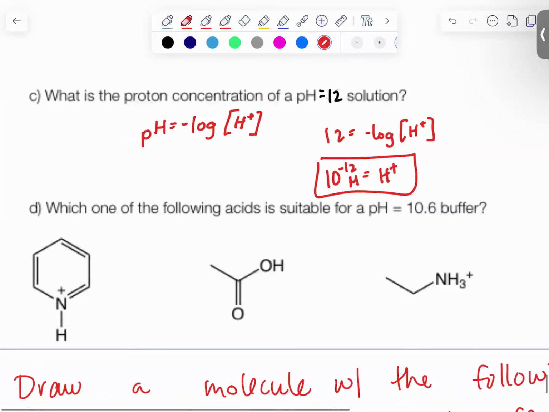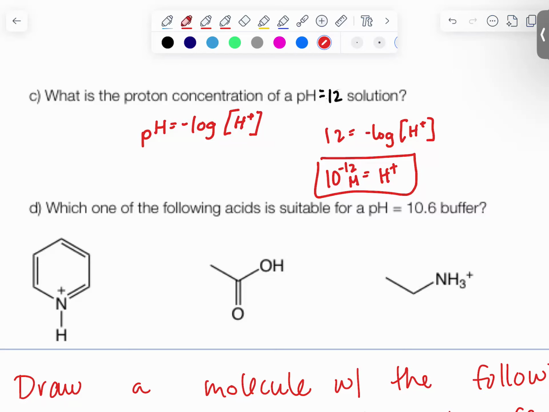What about this one? Which one of the following acids is suitable for a pH 10.6 buffer? You will need your pKa table. Let's take baby steps to get there. You are correct, though. The first thing we want to do is identify the pKa for all of these.